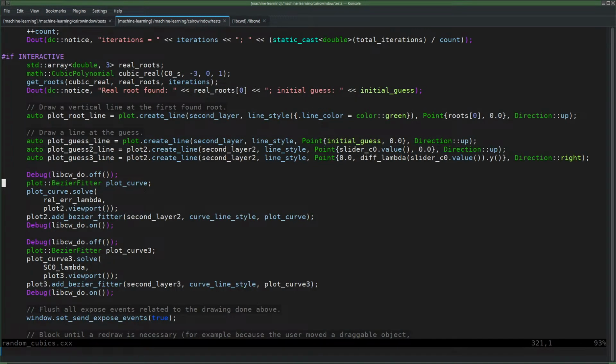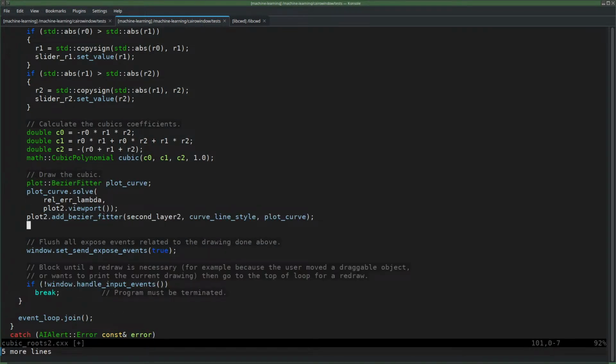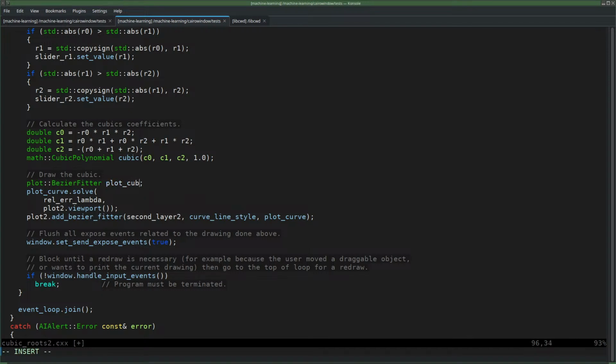Plot curve looks good. Yeah, just make it a lot more.